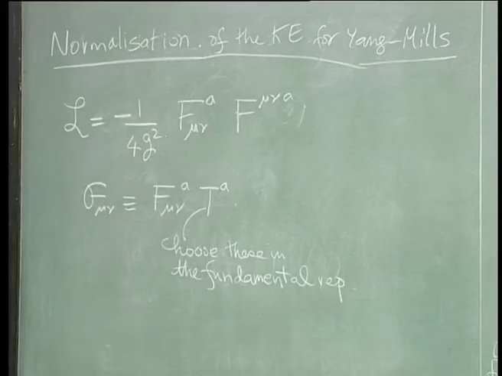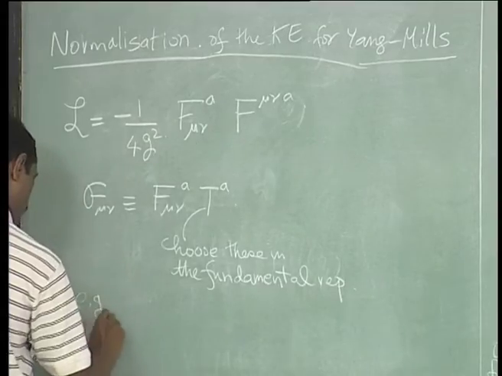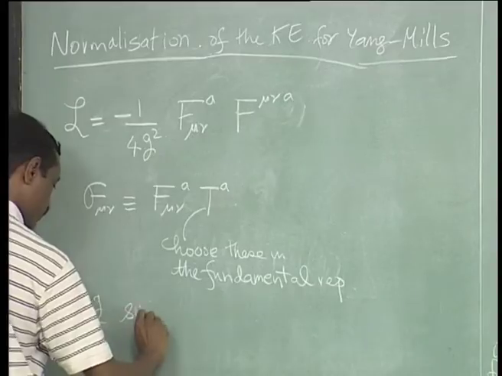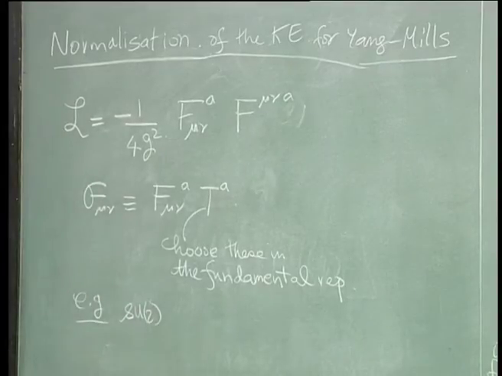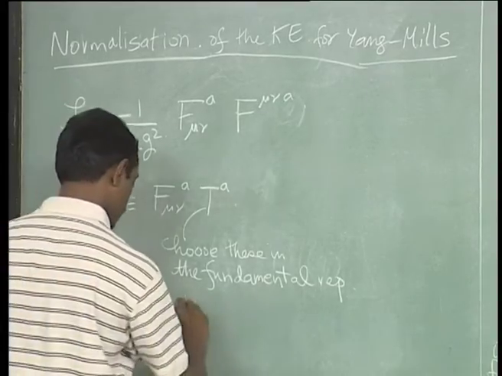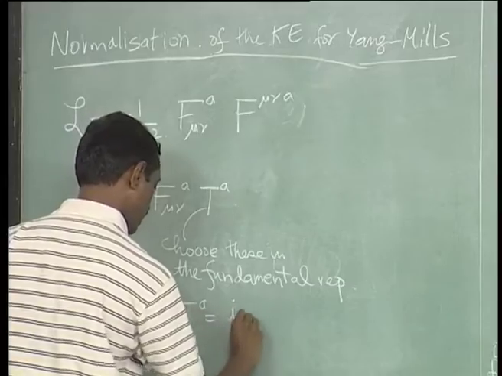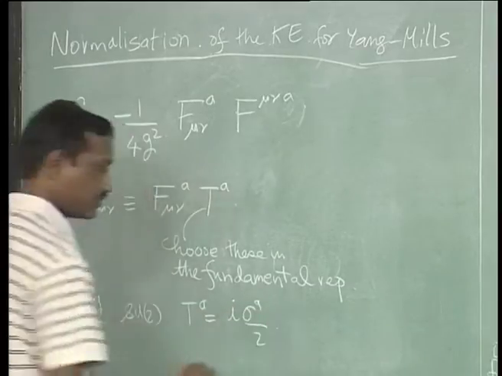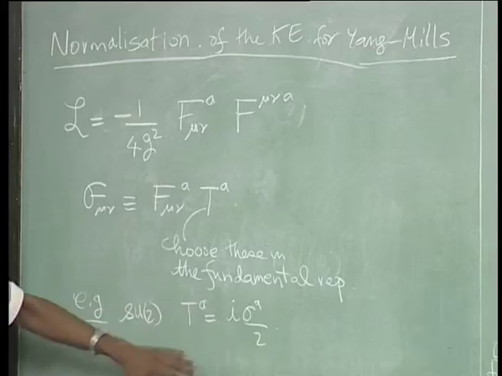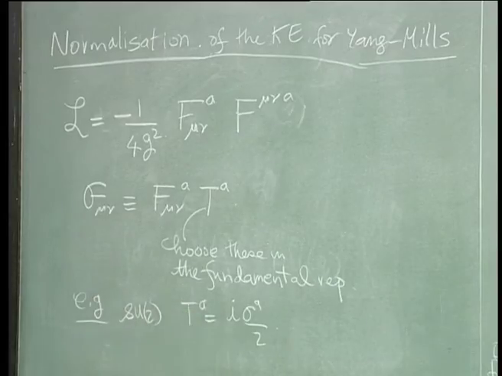Okay. So, an example would be for SU(2), the Lie algebra SU(2), the T a's would be i sigma a by 2. Okay. We are going to follow the physics convention, which is to put the required things to be. Is this correct?